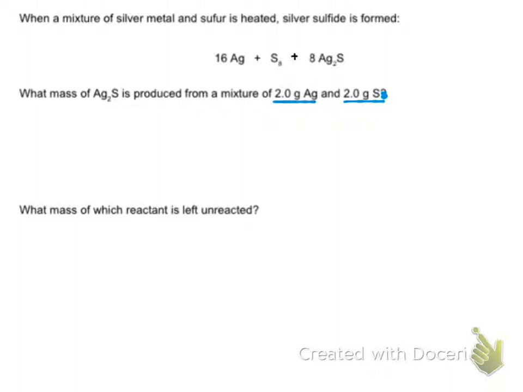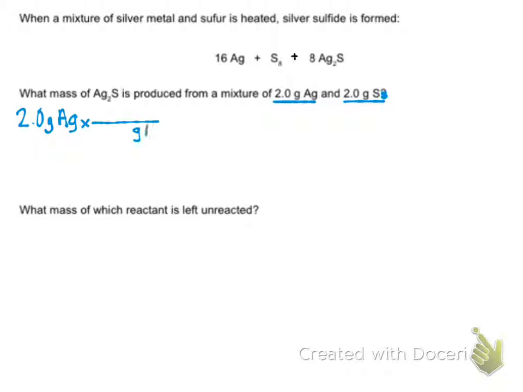So we'll start with the first one, given 2 grams of Ag. And remember, when we're doing stoichiometry problems, it has to be in moles. So you have to convert from grams to moles before you can do a mole conversion. So we've got grams, we got to get to moles first.